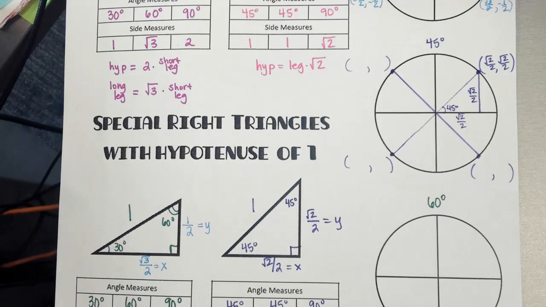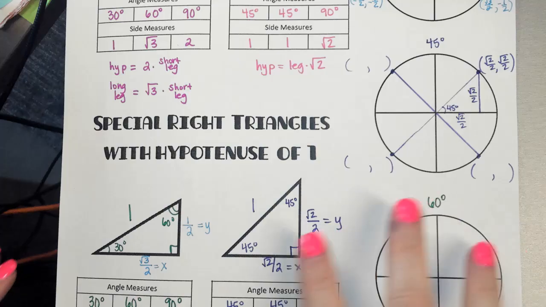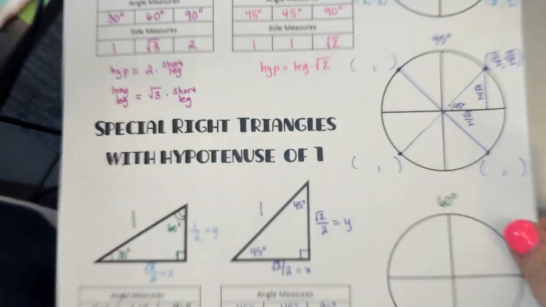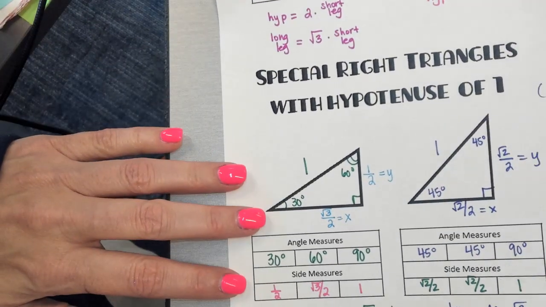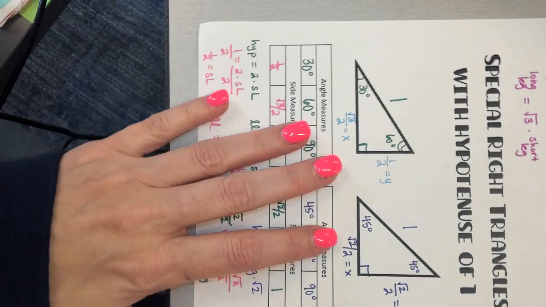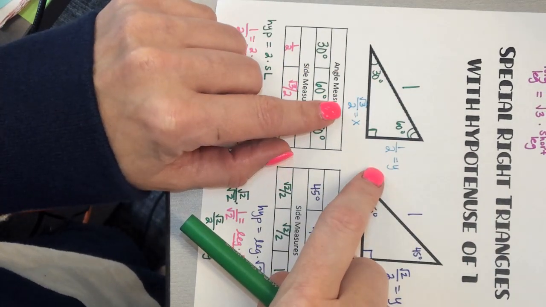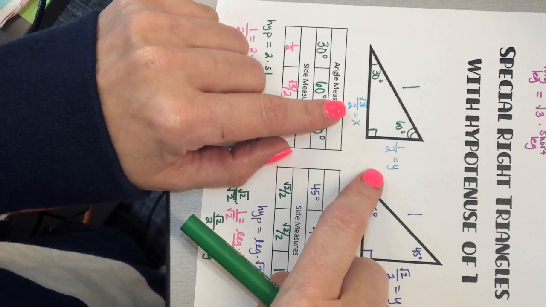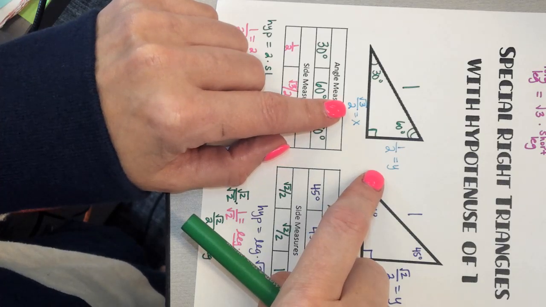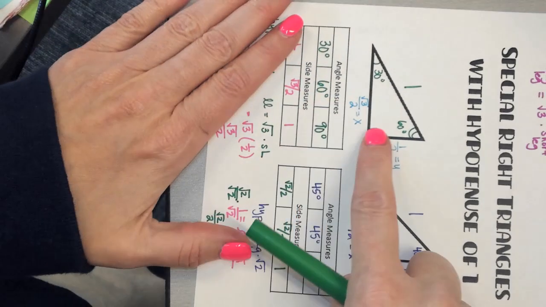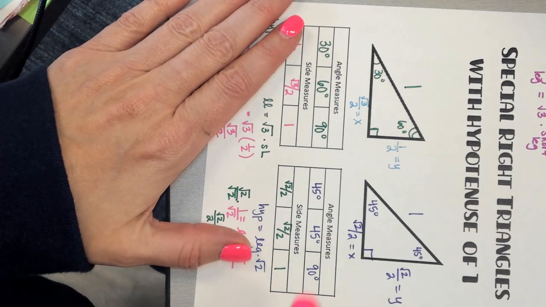All right, and then for the 60 degrees, I didn't put a separate 60 degree on there because you can just turn this triangle. Okay, so for the 60 degrees, what happens with the x and the y's? They just switch, right? So now this is horizontal and this is vertical.